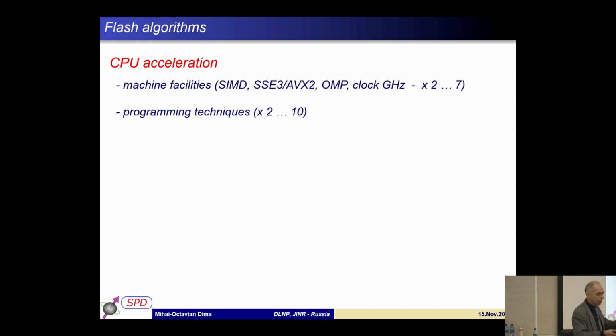You block your for loops and things like that. You avoid using inheritance, for instance. And you get various factors for each of those, between 2 and 7, 2 and 10, but the most acceleration that you get is from numerical methods. That is because a lot of algorithms are iterative, and you do a lot of work that probably you should not do.